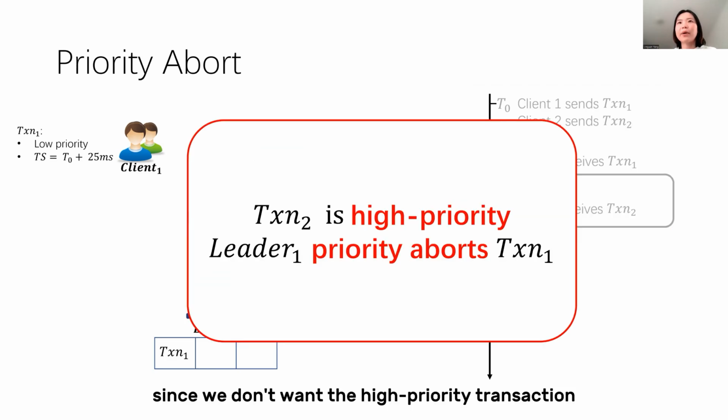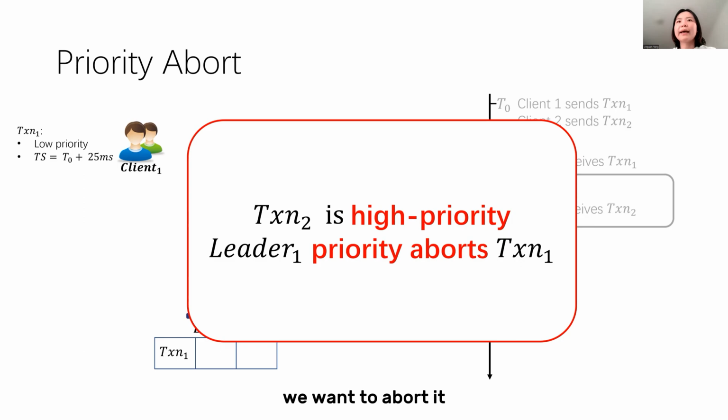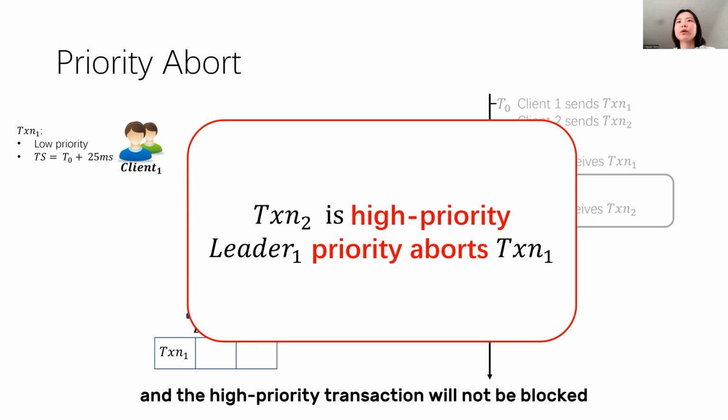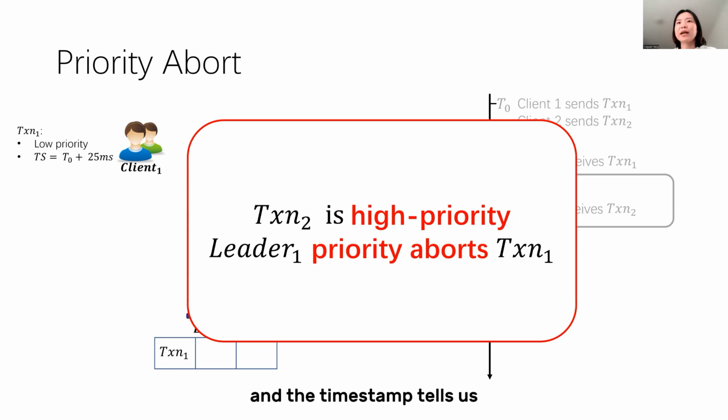Since we don't want the high priority transaction to wait for the low priority transaction, and we haven't processed transaction 1 yet, we abort it, and the high priority transaction will not be blocked. Delaying the execution of transaction 1 gives us scheduling opportunities, and the timestamp tells us how long the transaction should wait without penalty.